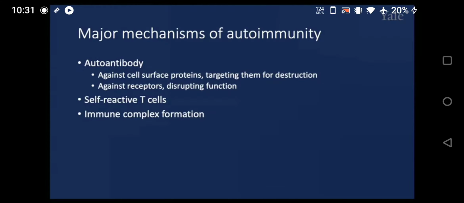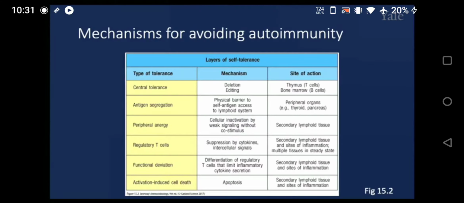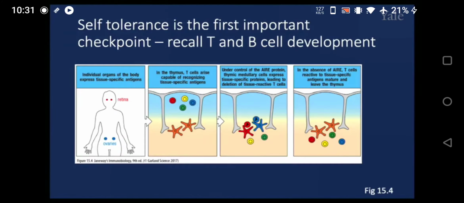So, as you guys have talked about in previous lectures in development, there are several different types of tolerance. We'll be talking a bit more in detail, especially about central tolerance today. Self-tolerance in general is a very important mechanism by which the immune system learns not to attack itself or self-proteins in the body.